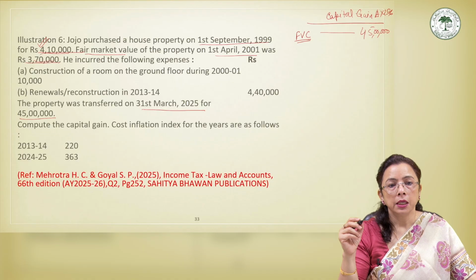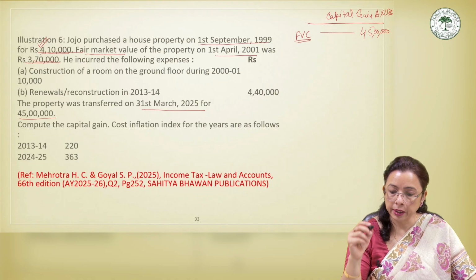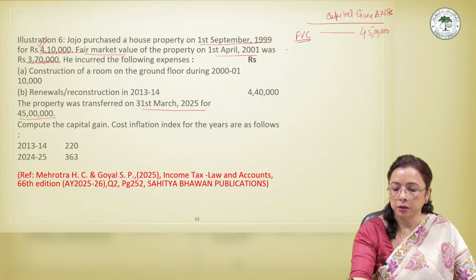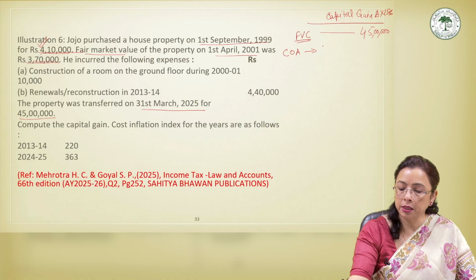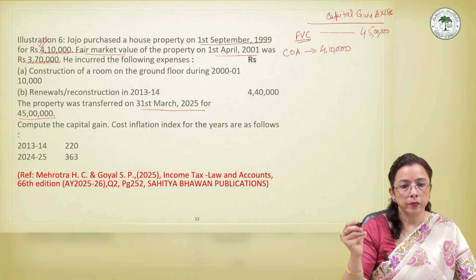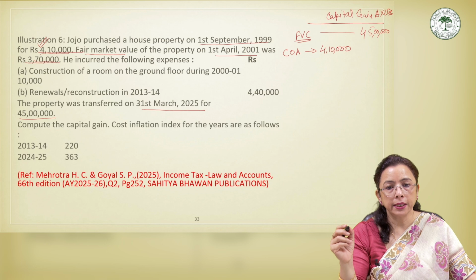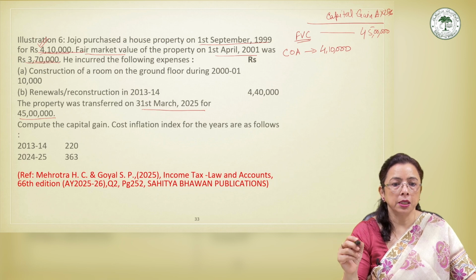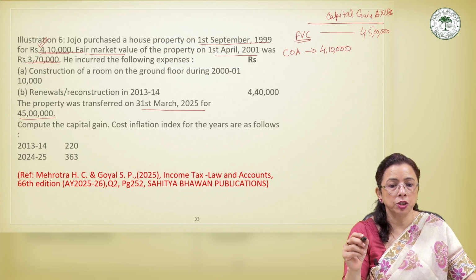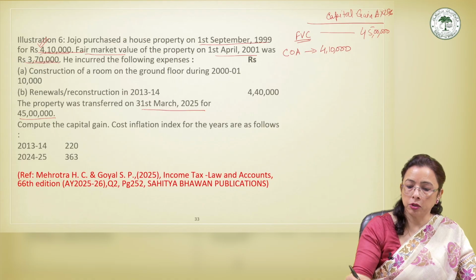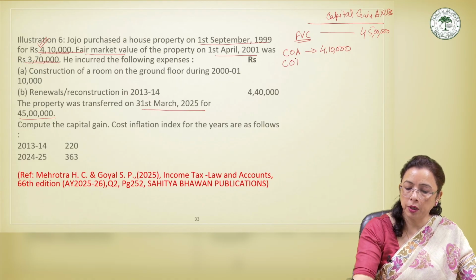After that, we will now consider the cost of acquisition. The COA will be rupees, as we already discussed, 4,10,000. After this, we have other expenditures also, that is the cost of improvement, COI.